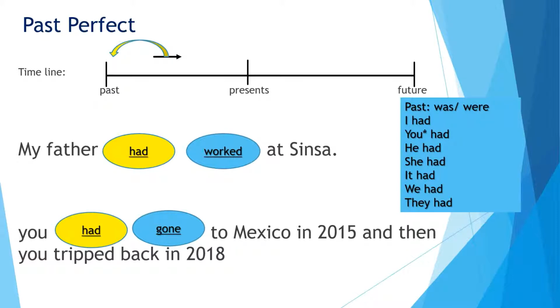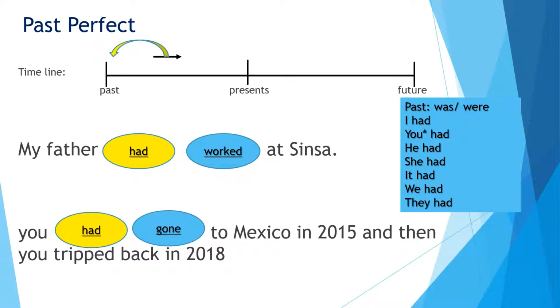Past perfect. When we use the past perfect, we use it for talking about the connection of an event in the past with another event in the past, right? So this event is happening, but it's connected with another event or other experience in a previous past.